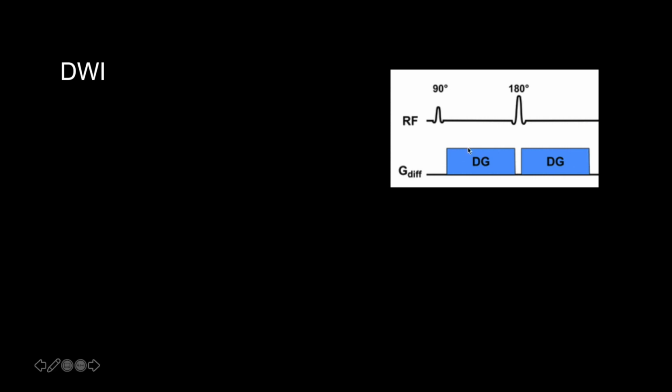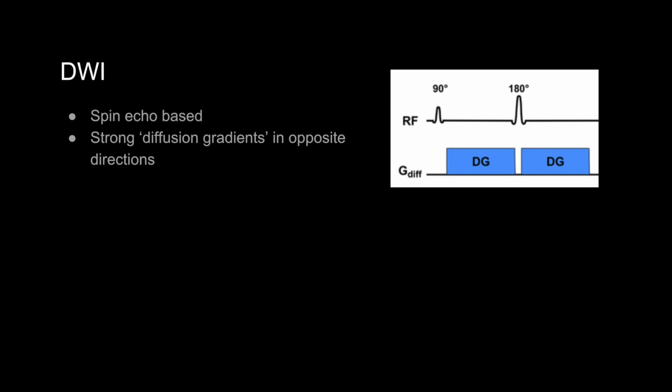But first, why do we apply these super strong gradients, and why does this produce images that are diffusion weighted? If we apply a 90-degree RF pulse, the nuclei start to precess in phase in the XY plane, as we've mentioned before.